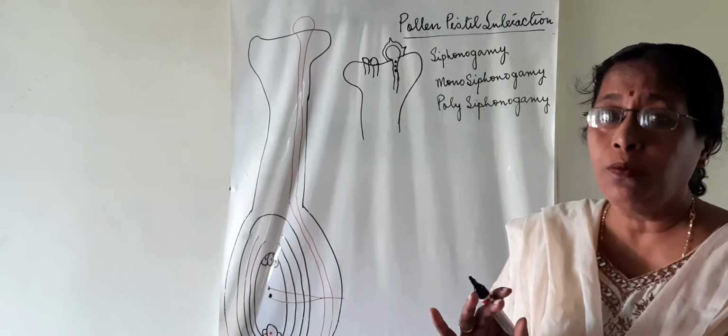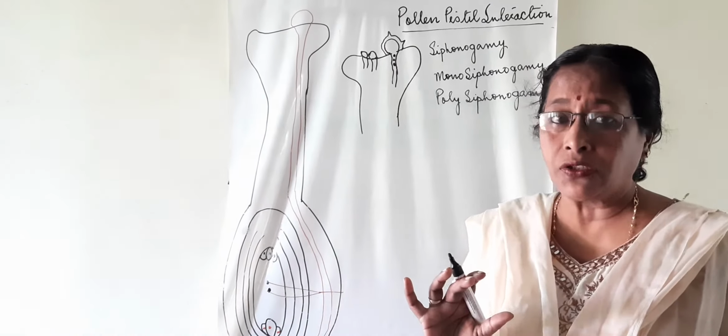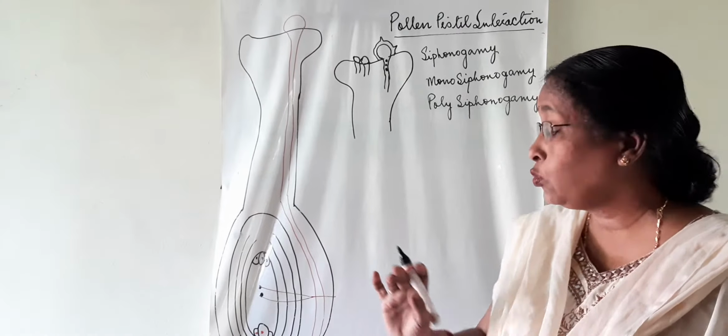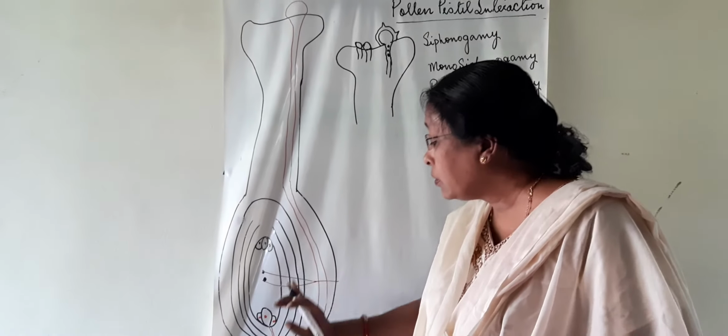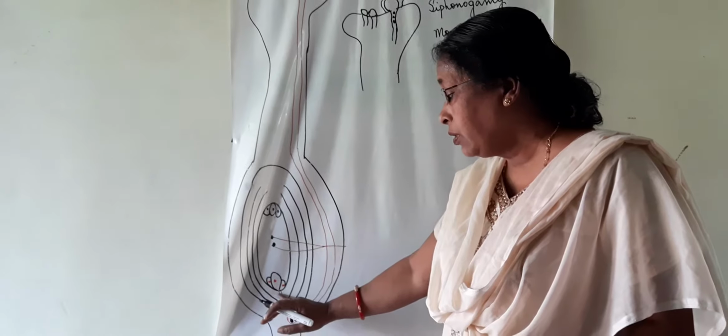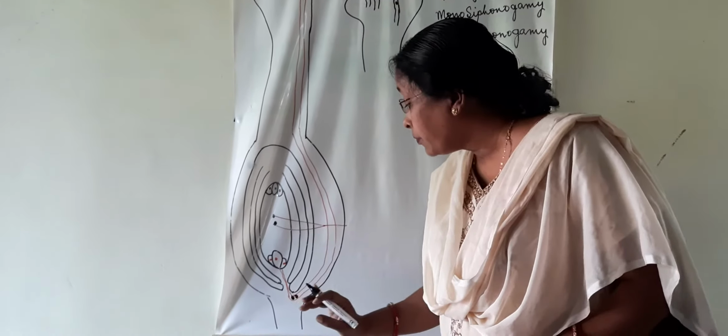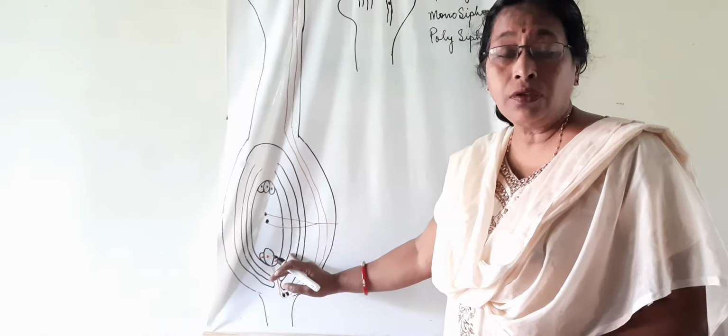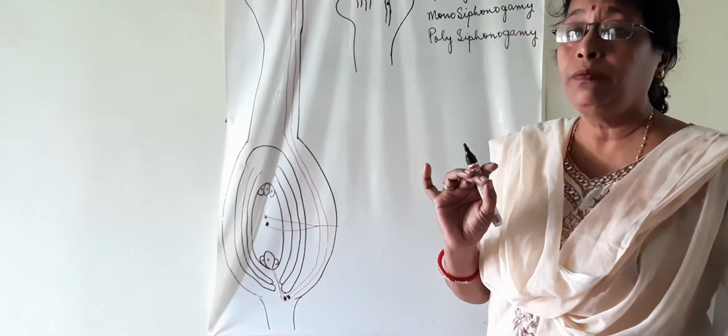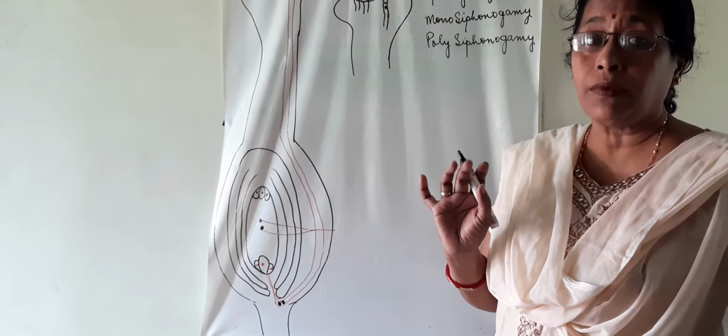The pollen tube along with all its contents will now find its way towards the micropylar end. Now if the pollen tube enters the embryo sac towards the micropylar end, then it will be known as porogamy.